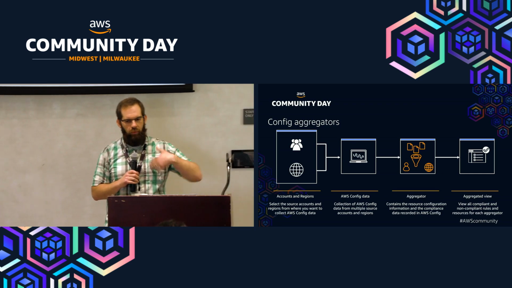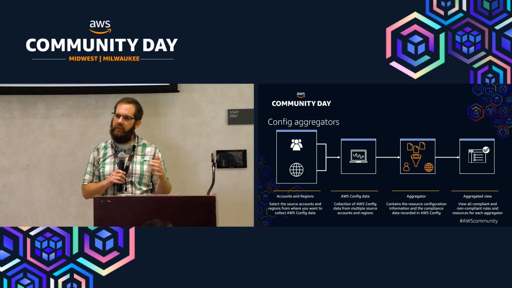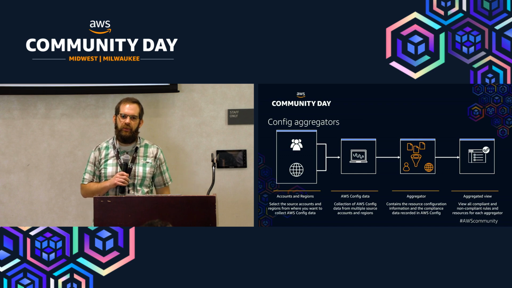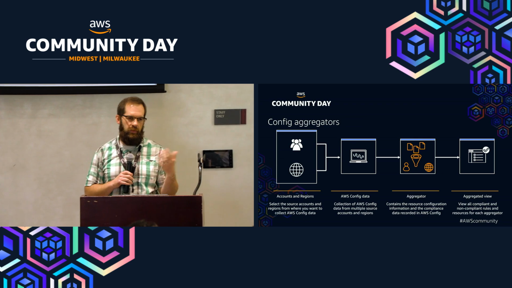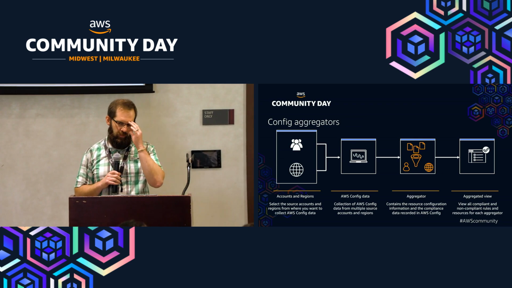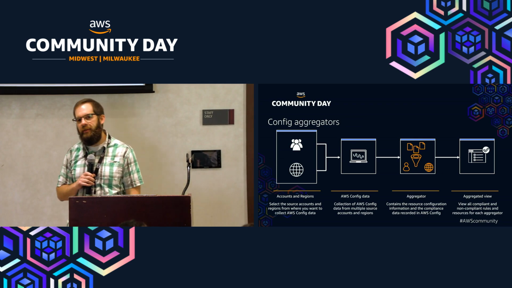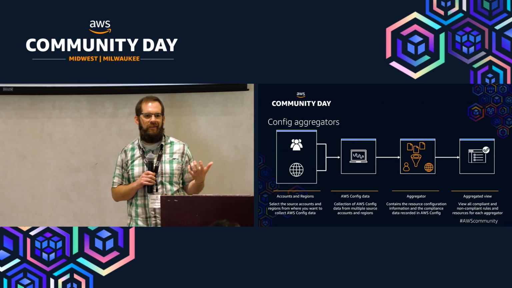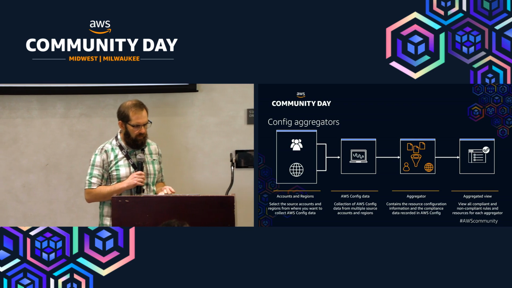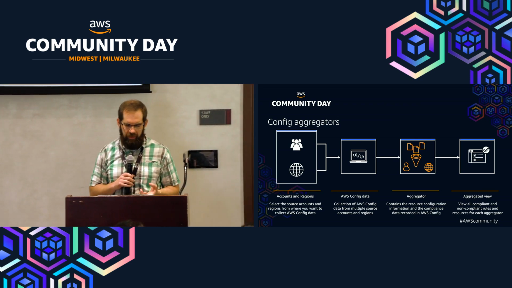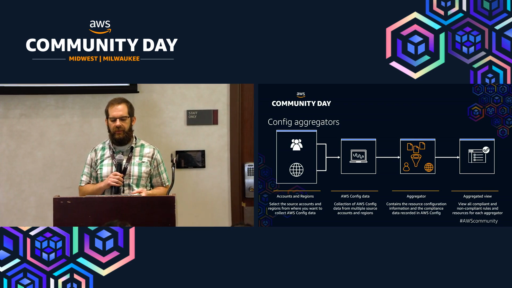So it's going to record all those resource configuration items, but it's going to send that into a centralized location. So now you can get visibility across your whole organization, right? So if you're a cloud platform engineering team or an operations team, this is great because now you can see what everybody's doing, right? So really simple, across accounts, cross regions, it's going to send all that config data into one central location using the aggregator.